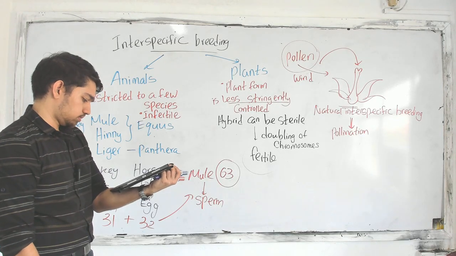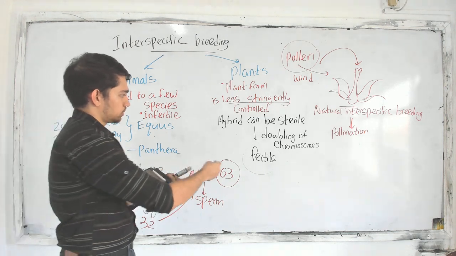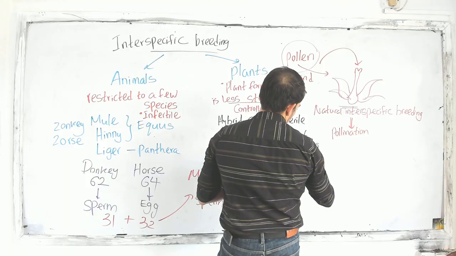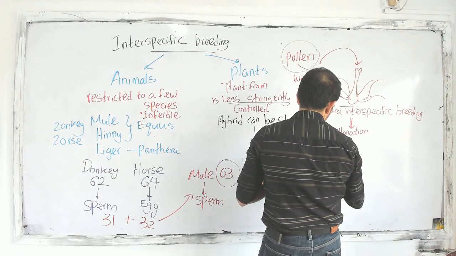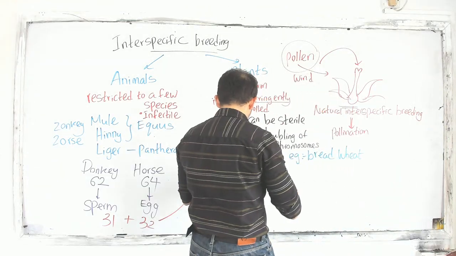Hexaploids. Look at the example again. The example for this is bread wheat.